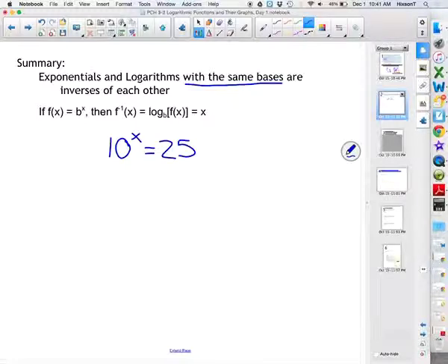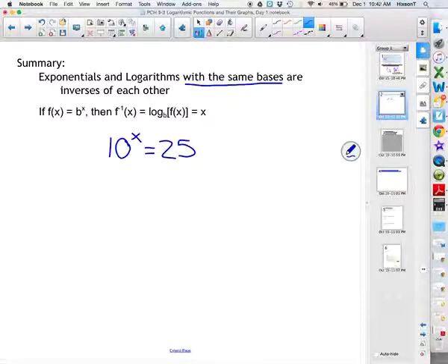So here we have the exponential function with a base of b. The inverse function is going to be a log base b. So when we have an equation like 10 to the x power equals 25, when we're trying to solve that equation, we need to think, what's the base of my exponential? It's 10.